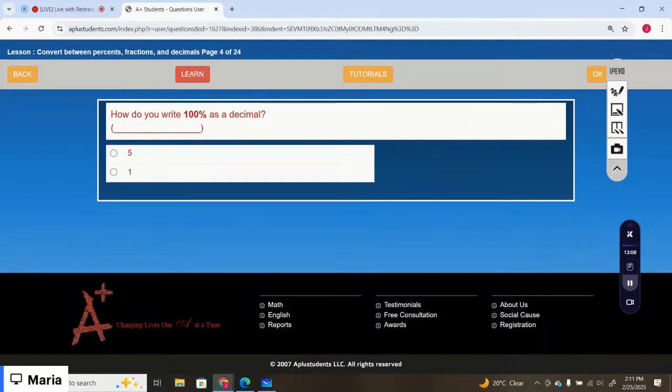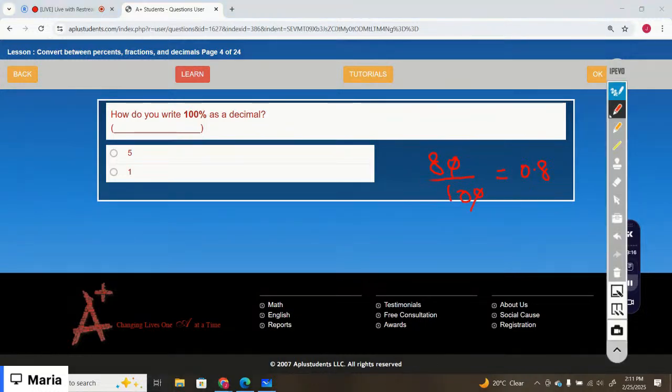How do you write 100% as a decimal? Which is the correct option? 100% means 100 divided by 100, right?